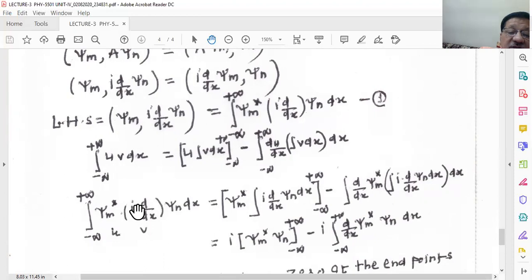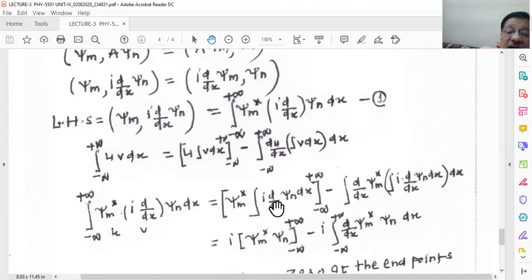So your v is i d by dx operating on psi n. So you keep u outside. Your u is psi m star, so I am keeping psi m star. Then I have an integration of v dx, and our v is i d by dx operating on psi n.